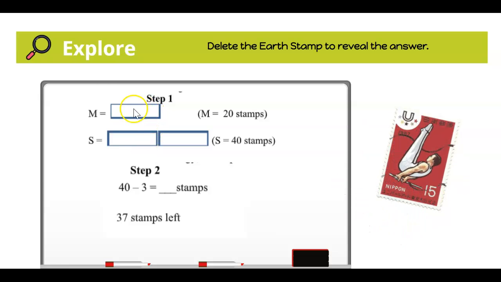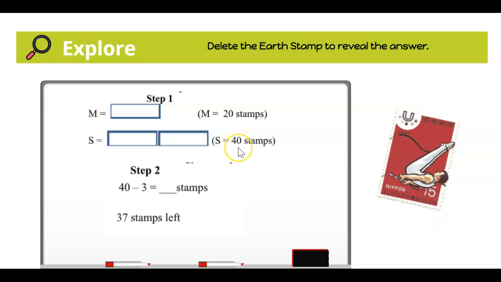So you're going to have not just 1, but 2 times this amount. And 2 times 1 is 2. So she's got 2 different ones, okay? So if one of these represents 20, then this one represents 20, and 20 plus 20 is 40. So her sister had 40 stamps.